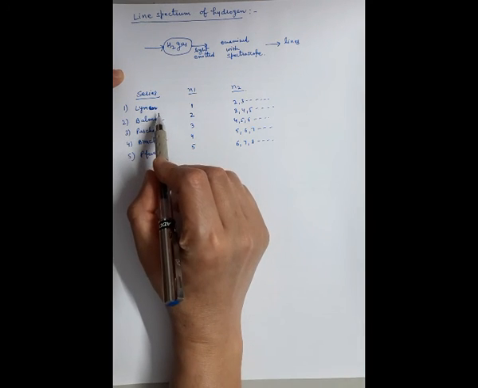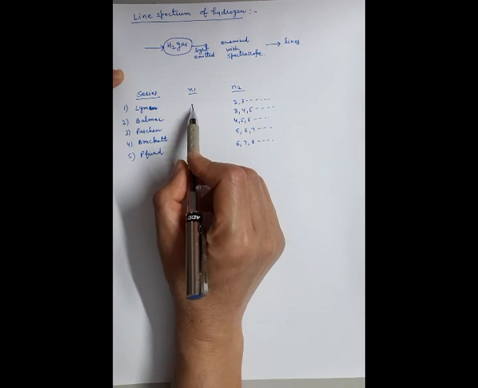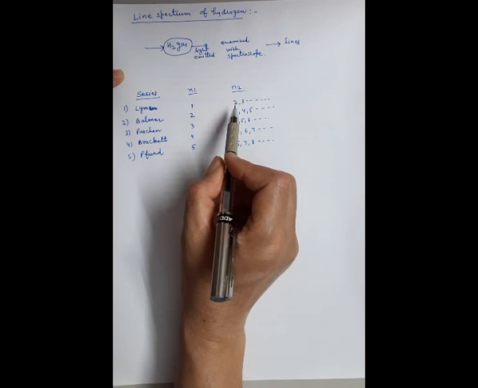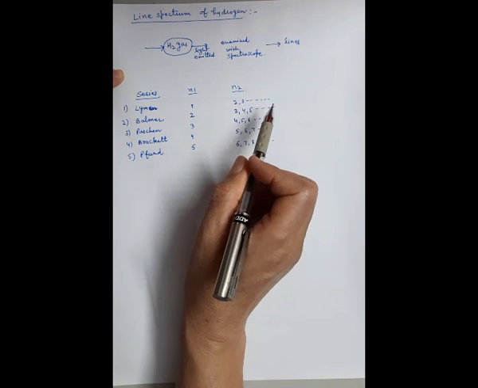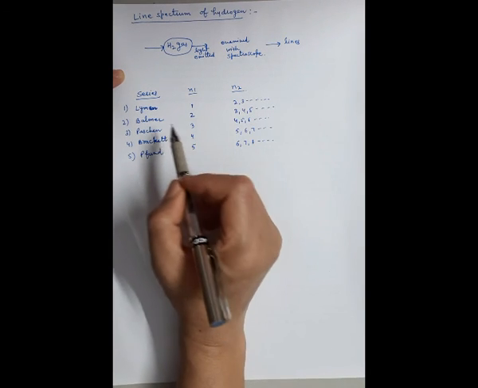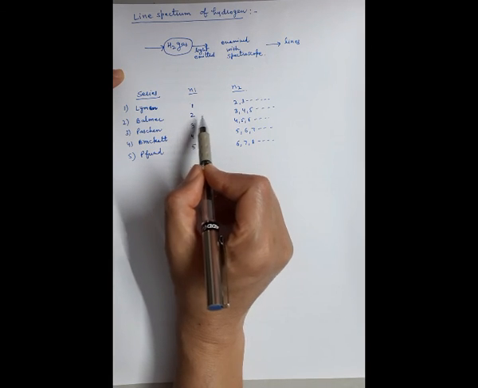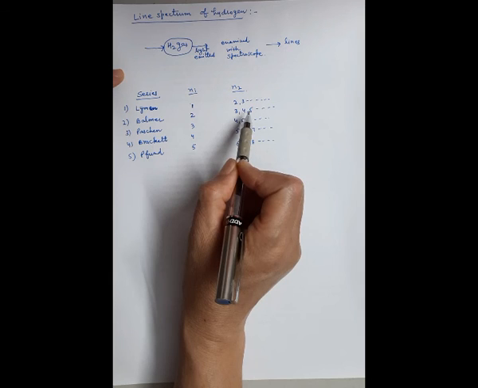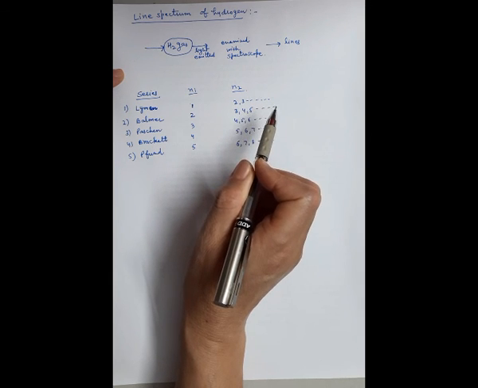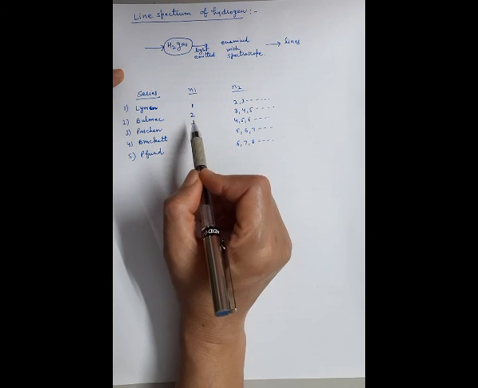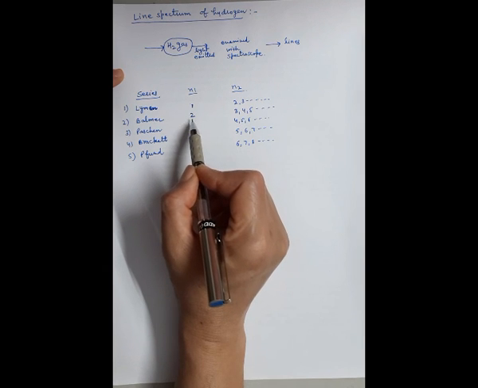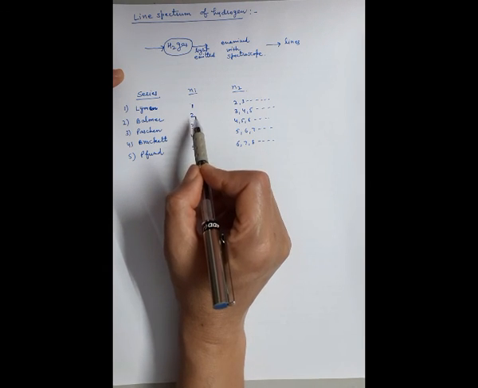In the Lyman series, the lowermost level is 1 and the electron can be excited to any higher level 2, 3, 4, 5, 6. In Balmer, the lowermost level is 2 and the electron can be excited to a higher level of 3, 4, 5. So the higher level is always 1 greater than the lowermost level, and so on.